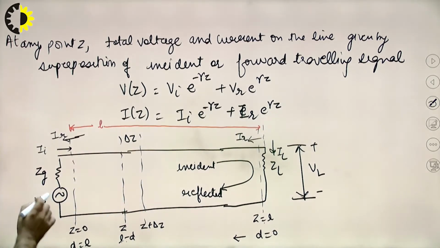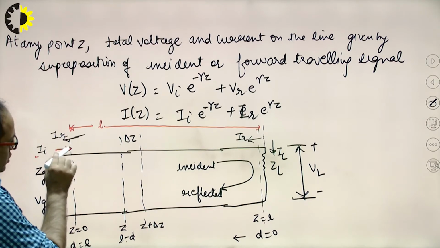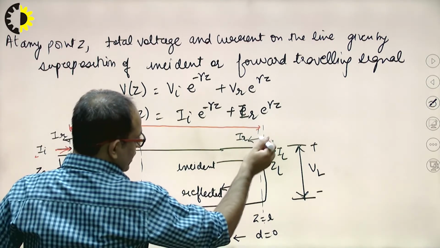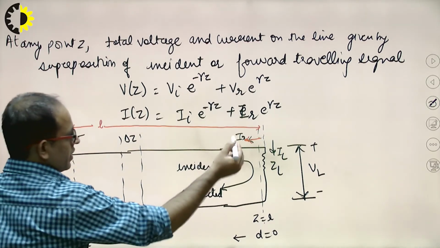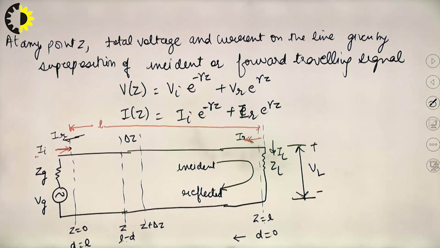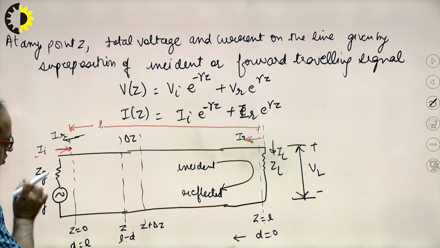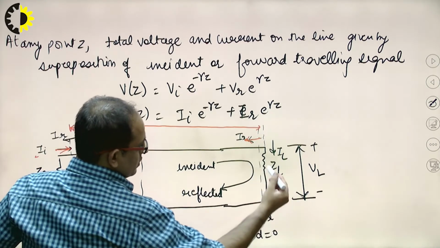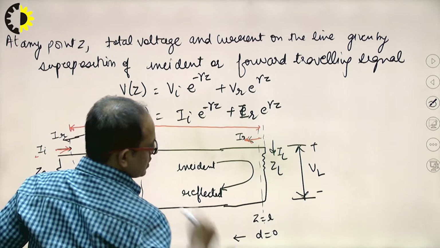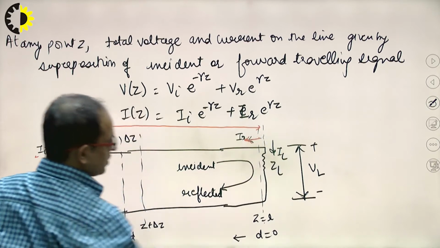Now see, this is the incident current shown by Ii in this direction, and this one is the reflected current in this direction, denoted by Ir. Clear? Now this one is the source voltage given by Vg with a source impedance Zg, and at the load side the load impedance is given by ZL, and load current IL will be directed towards this one.